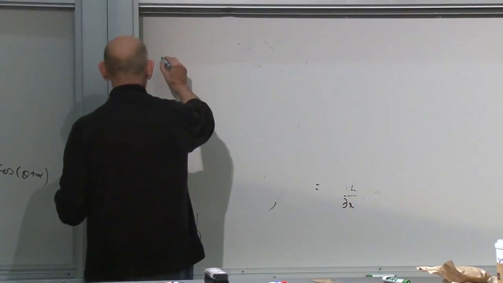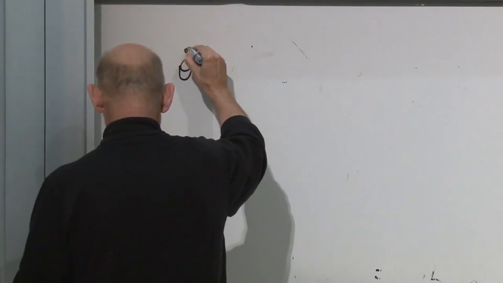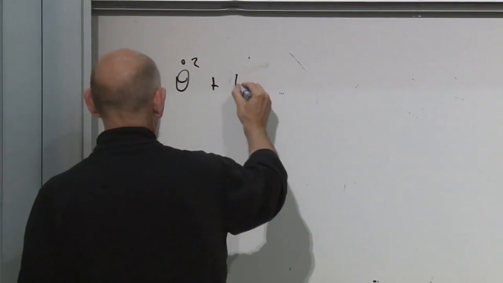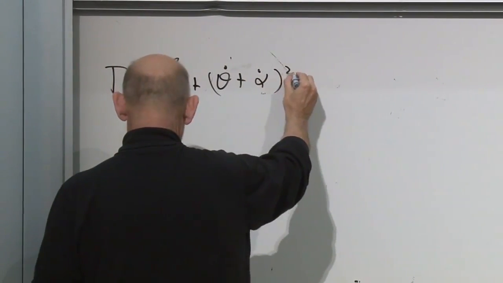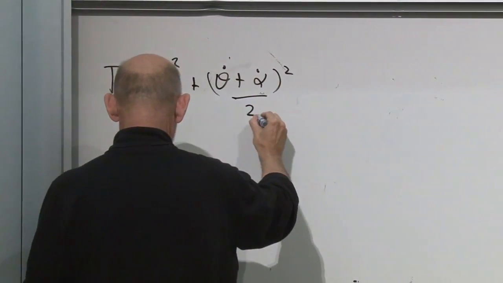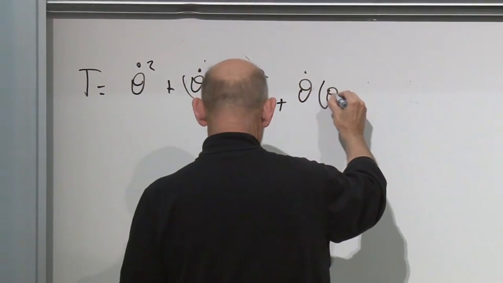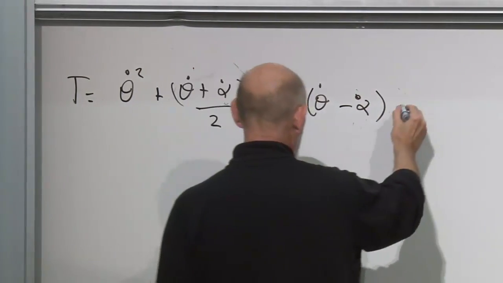This is the kinetic energy. T, kinetic energy, is equal to theta dot squared plus theta dot plus alpha dot squared over 2 plus theta dot times theta dot plus alpha dot times cosine of alpha.